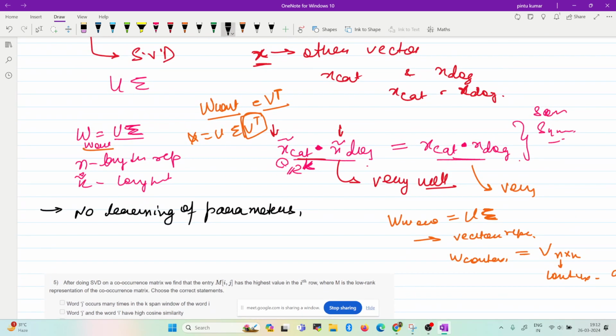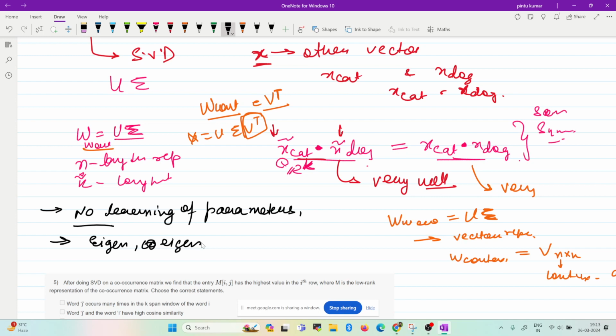This also has one disadvantage, that there is no learning of parameters involved. Another disadvantage is that this eigenvalue and eigenvector computation is not very computationally efficient. You have to calculate all the eigenvalues and all the eigenvectors, and then you reach these vector representations.